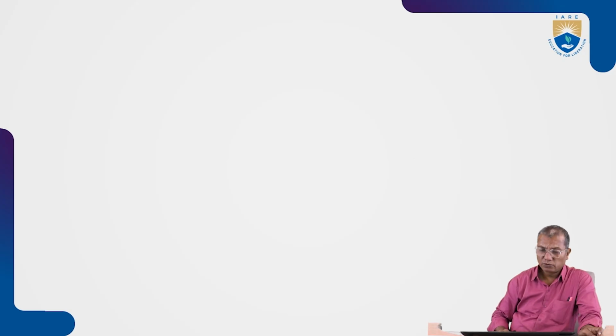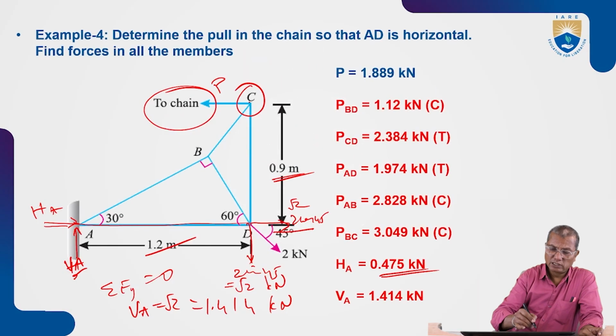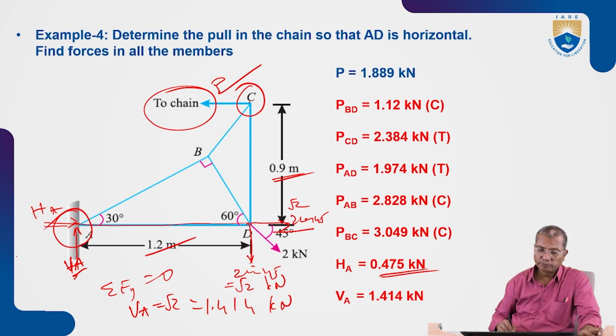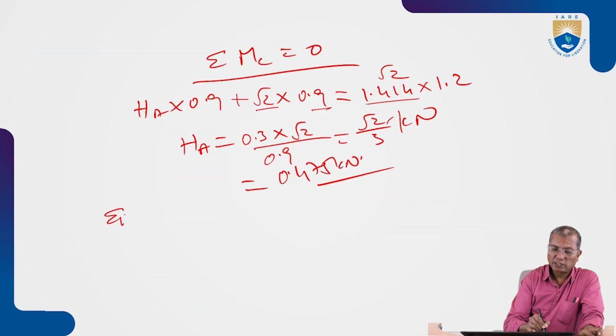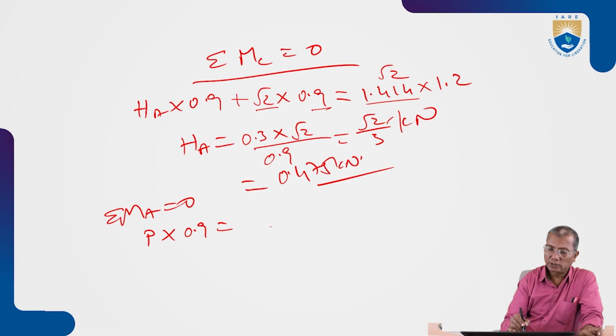To find the force in the chain, the pull in the chain, we take moments about A. Taking moments about A, P into 0.9 is equal to root 2 into 1.2.